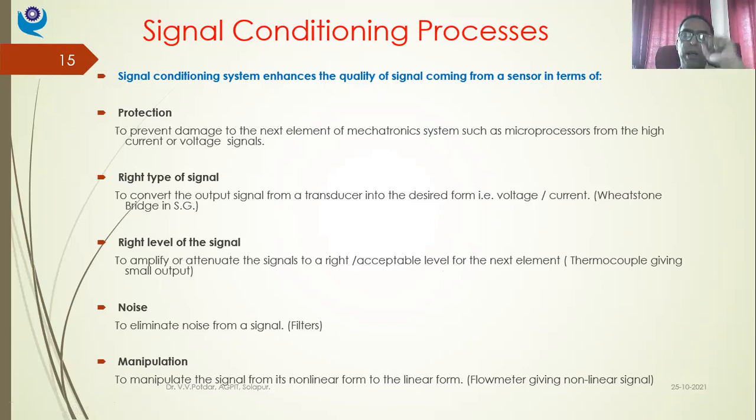For the controller, I need to amplify that microvolt signal into a millivolt signal or some low voltage signal. So that is the right level of signal. This is done by my signal conditioning devices, by using amplifiers.